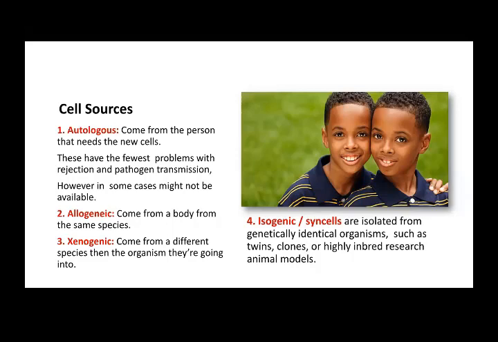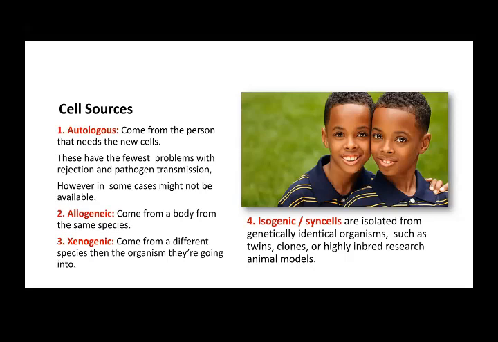They have the fewest problems, obviously, जिस बंदे से निकाले उसी में cells inject करेंगे, so there's less chance of pathogen transmission, मतलब diseases वगैरह जो है, automatically chances of spreading those is eliminated, or even reactions due to difference in pathogens or cell receptors जो है वो भी नहीं होगा. However, in some cases it might not be available.